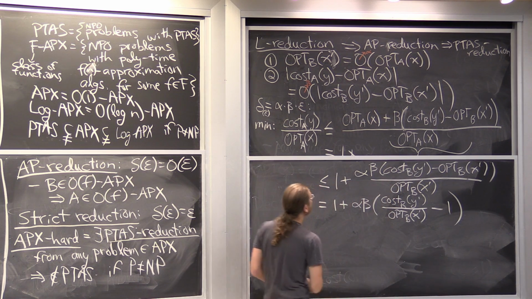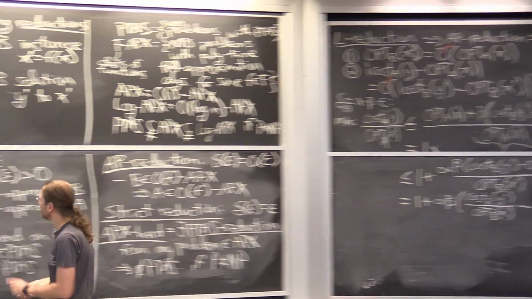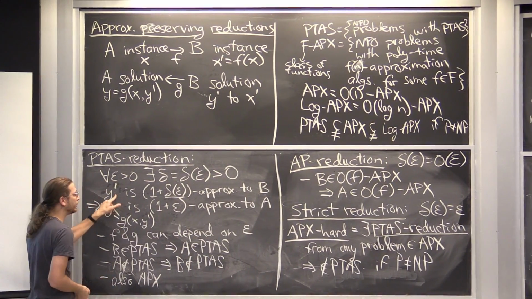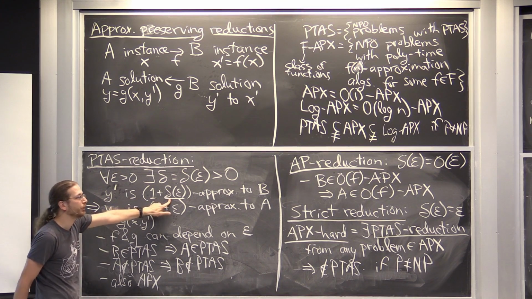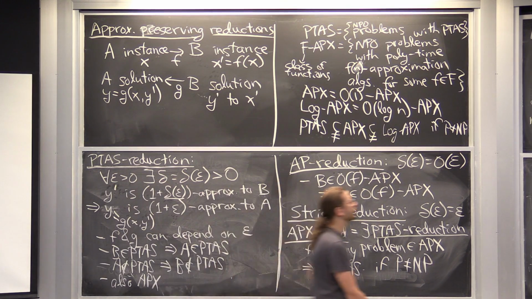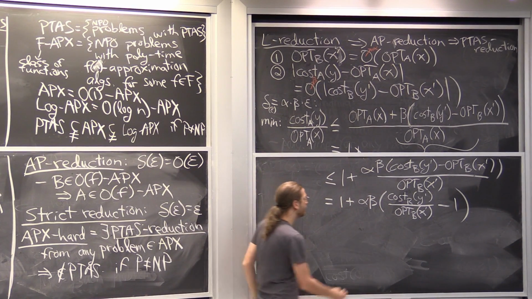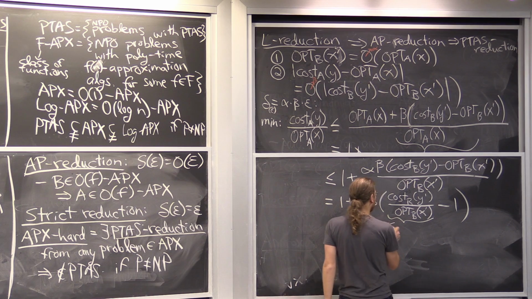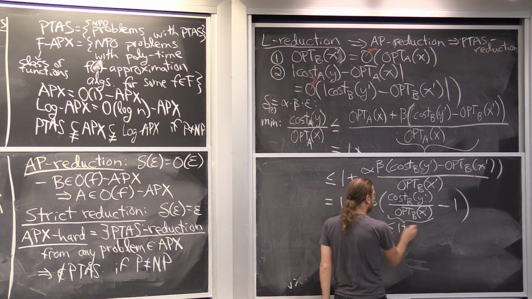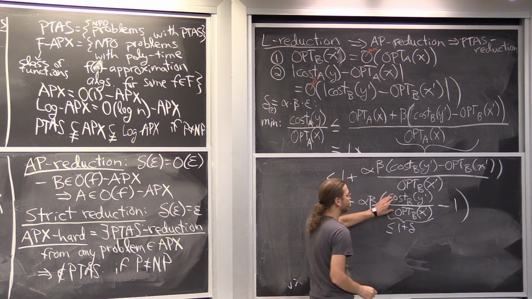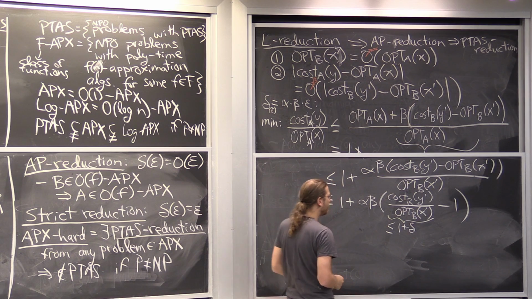Still looks kind of weird. But there's one more thing we didn't use, which is we assumed we were given some solution y prime that was a 1 plus delta of epsilon approximation, where delta is this thing that we defined there. It's obviously set to cancel out everything that happened here. So this thing should be at most 1 plus delta, because this is exactly the approximation ratio for y prime versus the optimal solution to x prime.